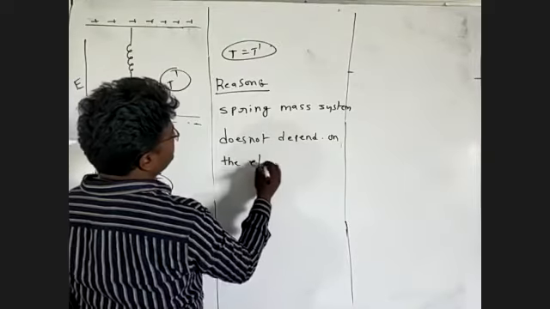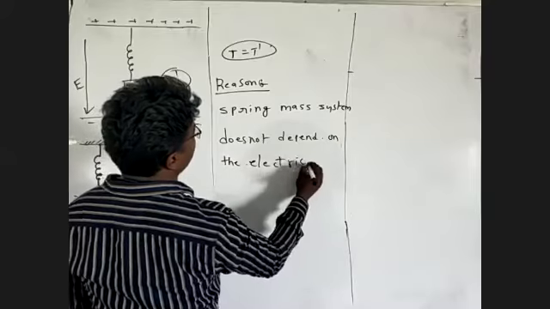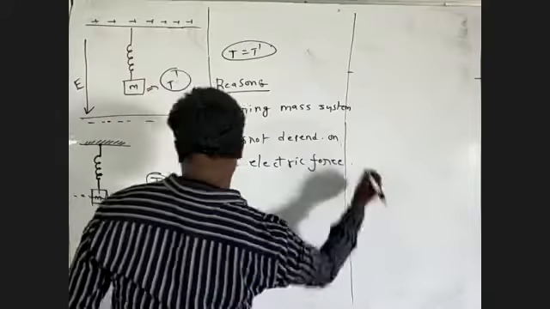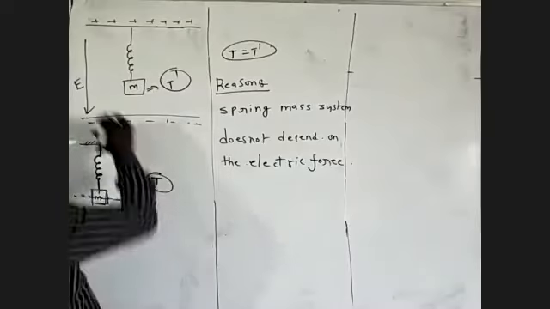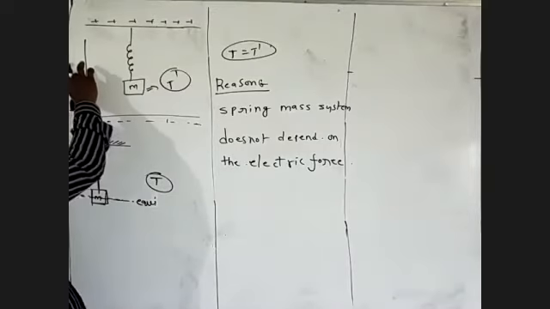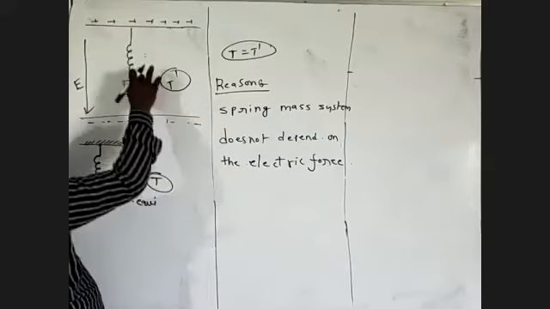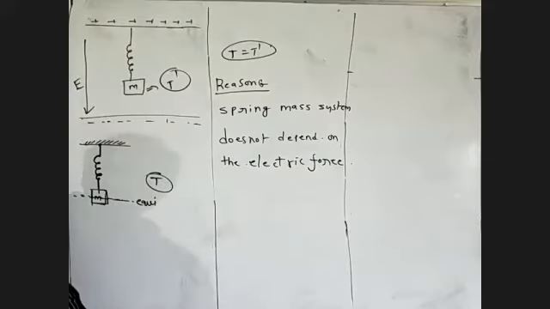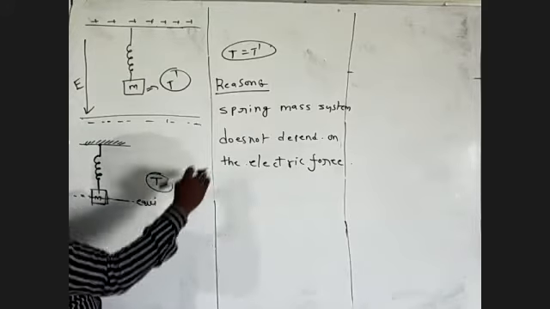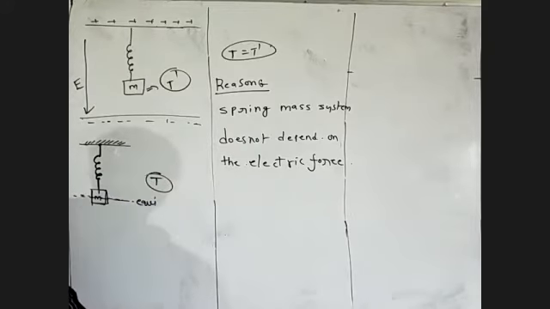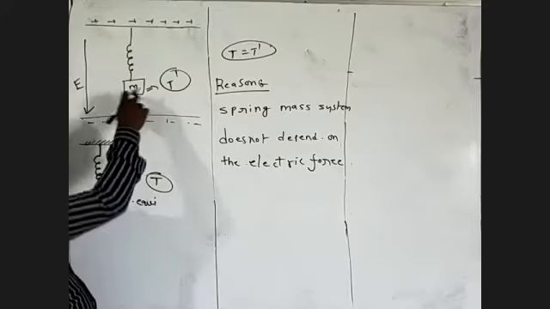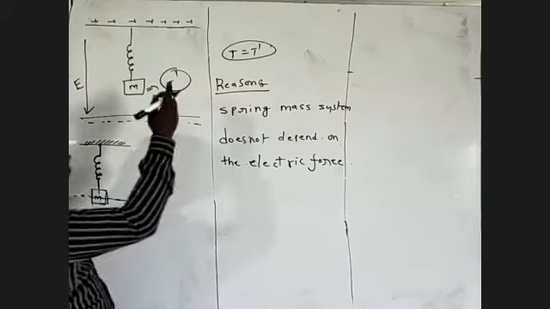This is the electric field, this is a positive plate, this is a negative plate, and this is a spring mass system. The spring mass system does not depend upon the electric force. So both time periods are equal. That is all.